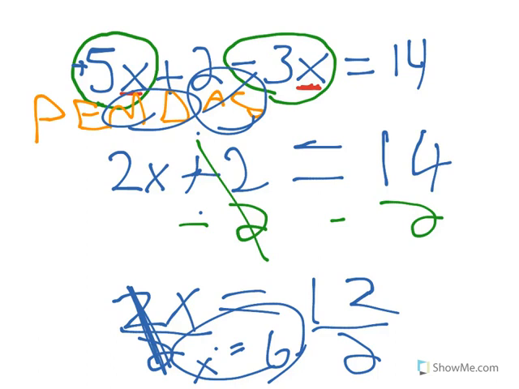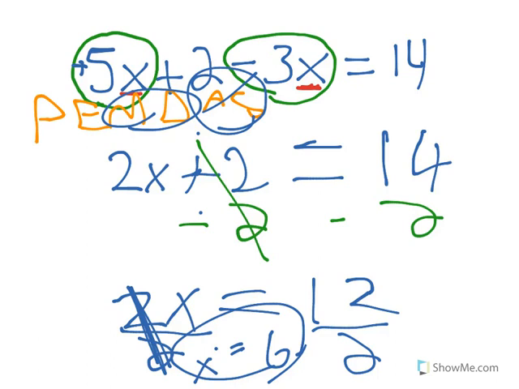So simplify 5x plus 2 minus 3x would turn it into 2x plus 2 equals 14.